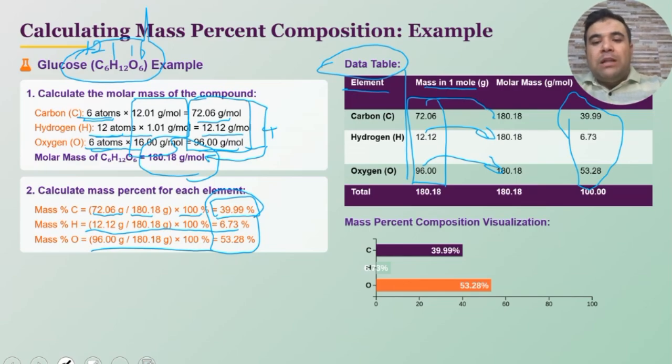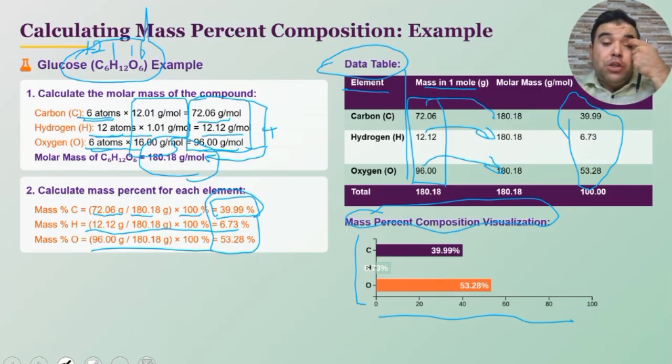If you want to show the procedure graphically, here vertically we represent the atoms, and horizontally the horizontal line represents the composition of those atoms.